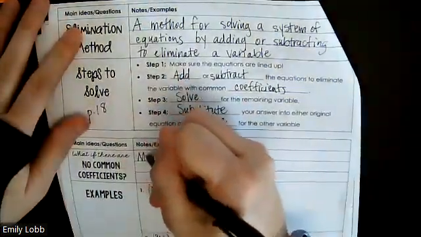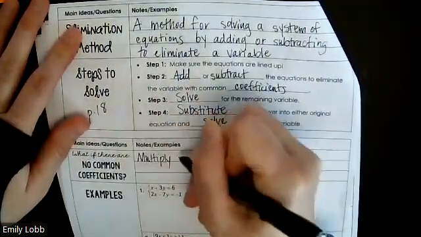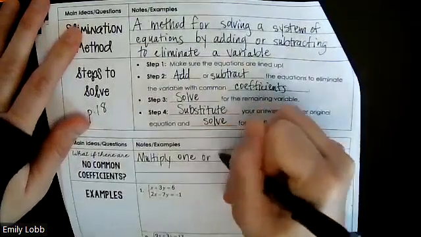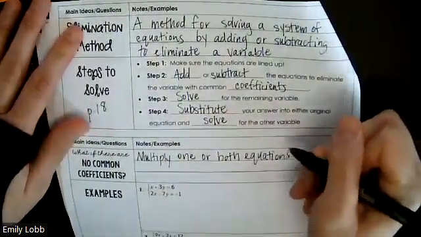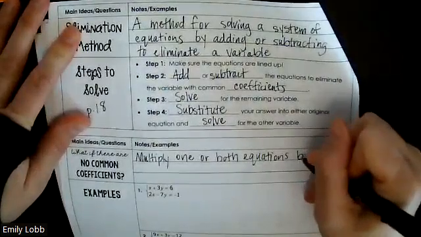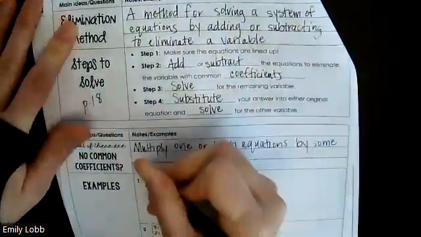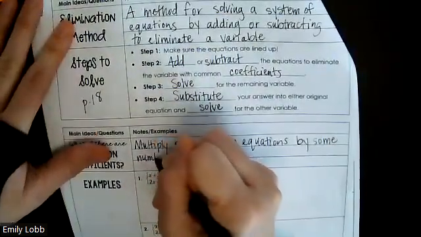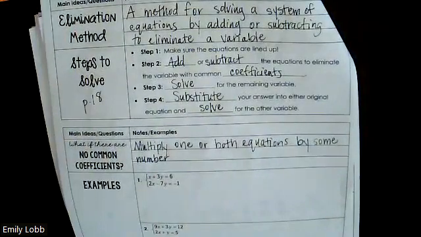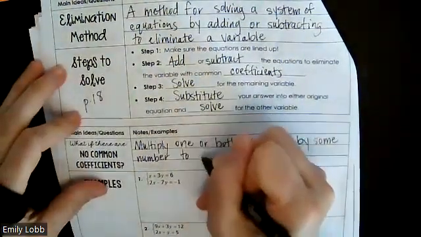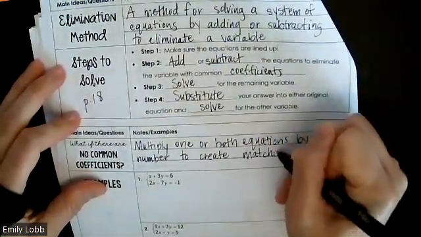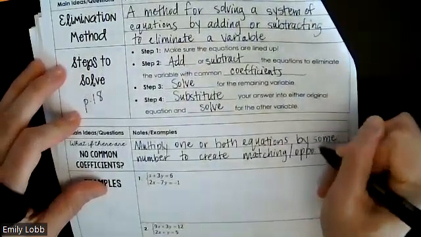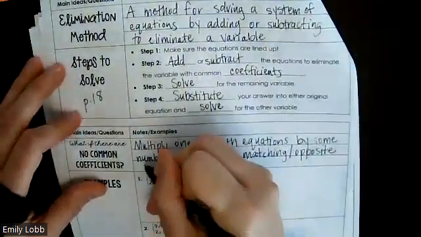We have to multiply one or both equations by some number to create matching opposite coefficients.